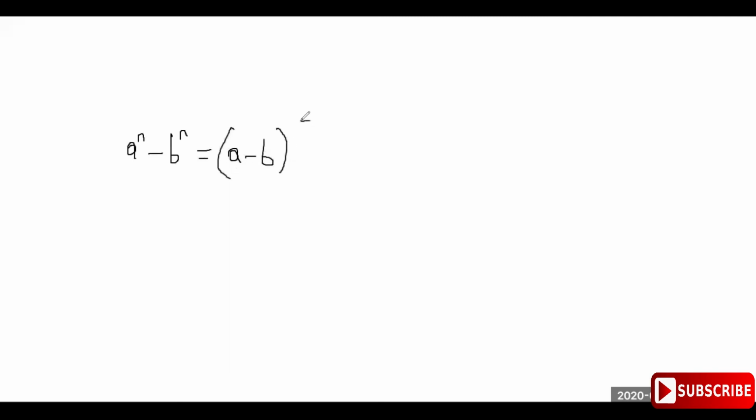Then you're going to multiply it by a to the n minus 1 times b to the 0. B to the 0 is 1, of course, plus a to the n minus 2, b to the 1. So the powers of a decrease by 1 and the powers of b increase by 1, plus, and you keep on doing that until you have b to the n minus 1.